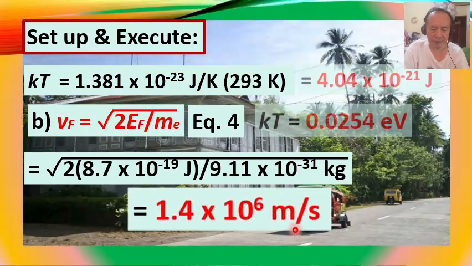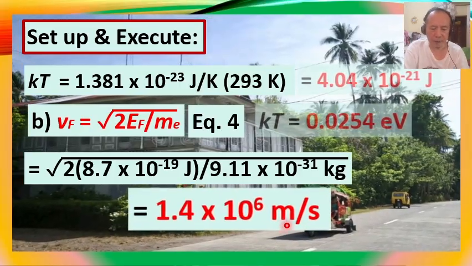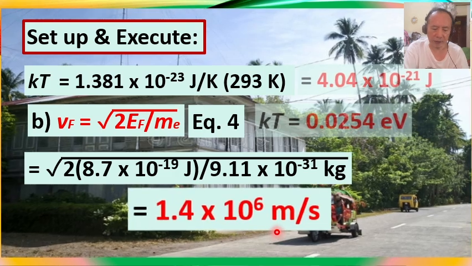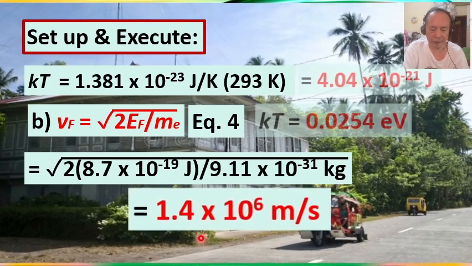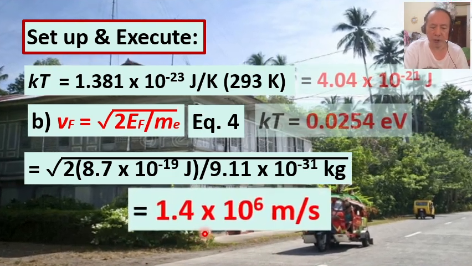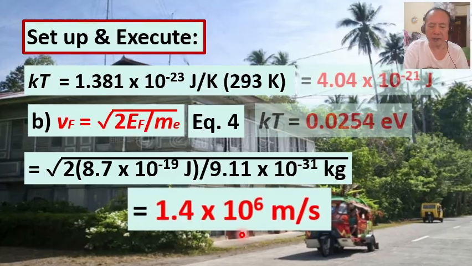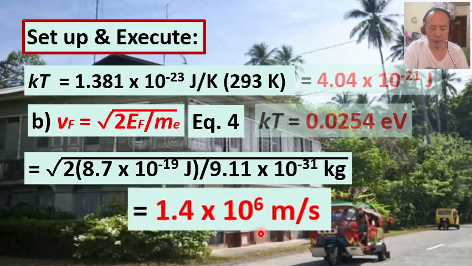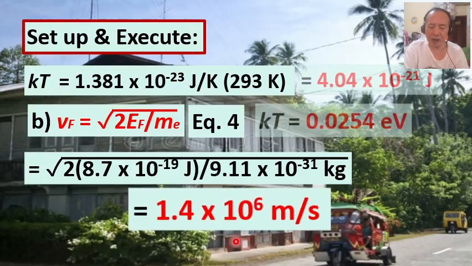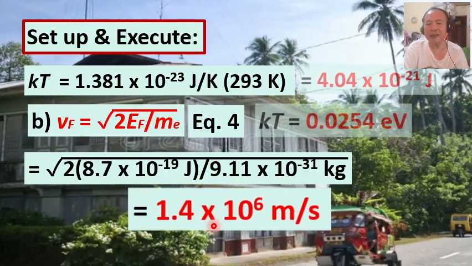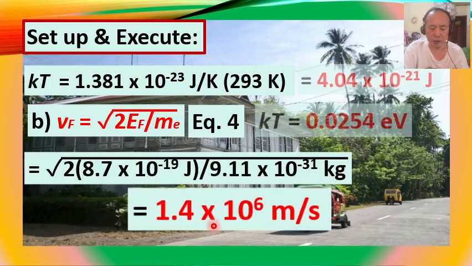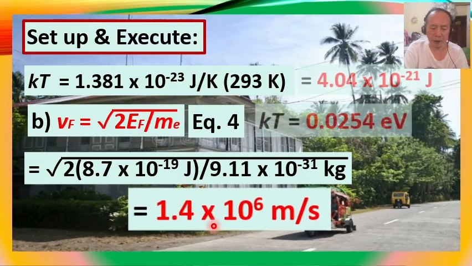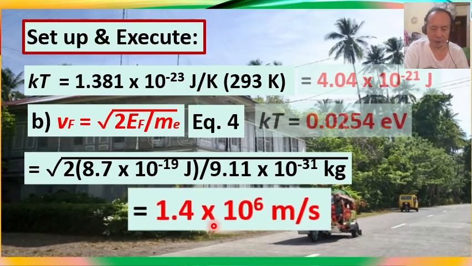That is, the electron speed here is of course way below the speed of light in vacuum. So this justifies our choice for the non-relativistic equation for determining the speed of the electron.